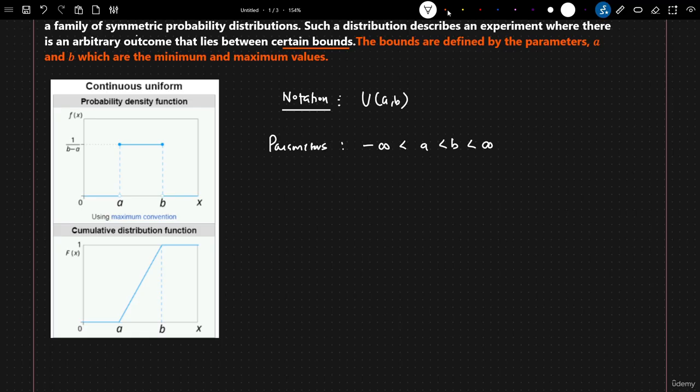Now let's talk about the PDF function that is specifically used in order to create this particular distribution. Here there will be two scenarios.